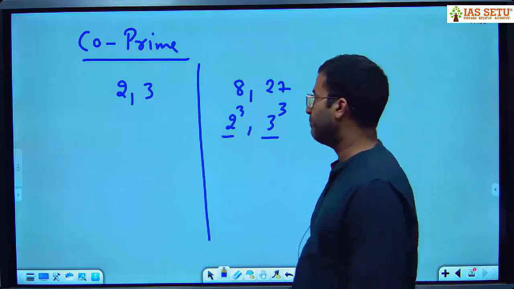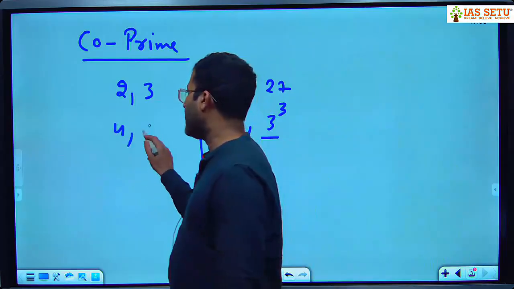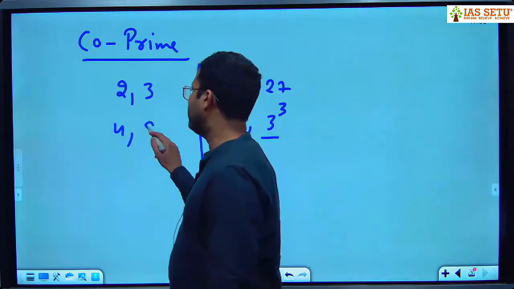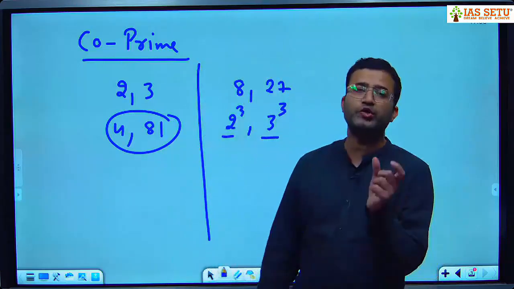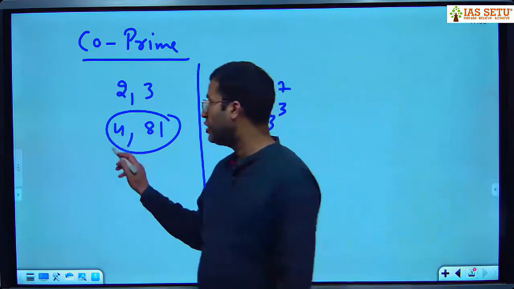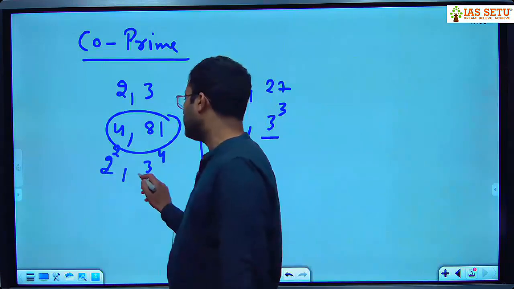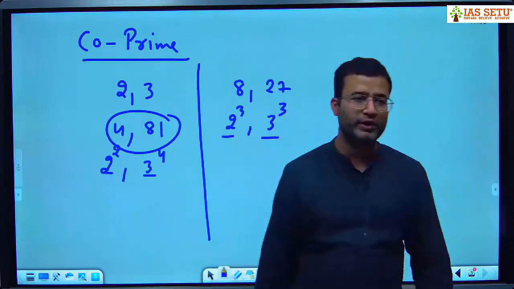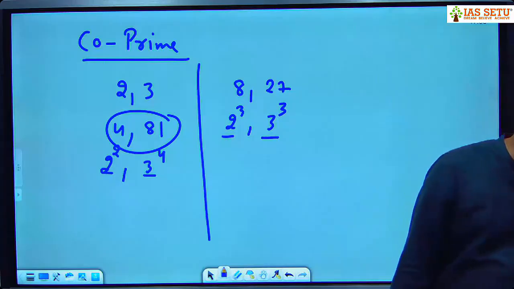Like for example, if it is asked 4 and 81, are these co-prime, yes or no? You can see the basic unit of 4. What is 4? 2 square. What is 81? 3 to the power 4. Since these bases 2 and 3 are co-prime, 2 square and 3 to the power 4 have to be co-prime.